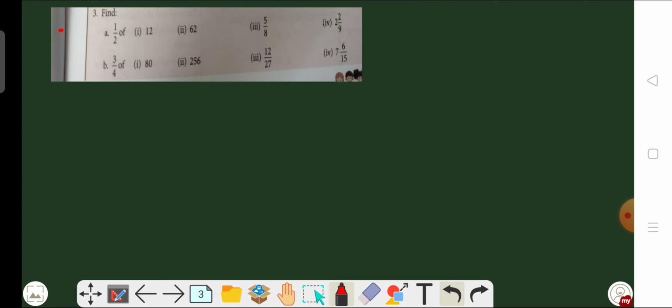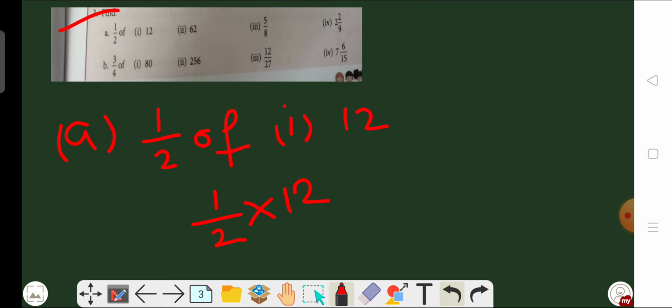In the third question we have to find in A part 1 by 2 of the given number. In the first part we have given 12. It means beta we have to calculate 1 by 2 multiplied by 12. So this is equal to 1 by 2 multiplied by 12 by 1.